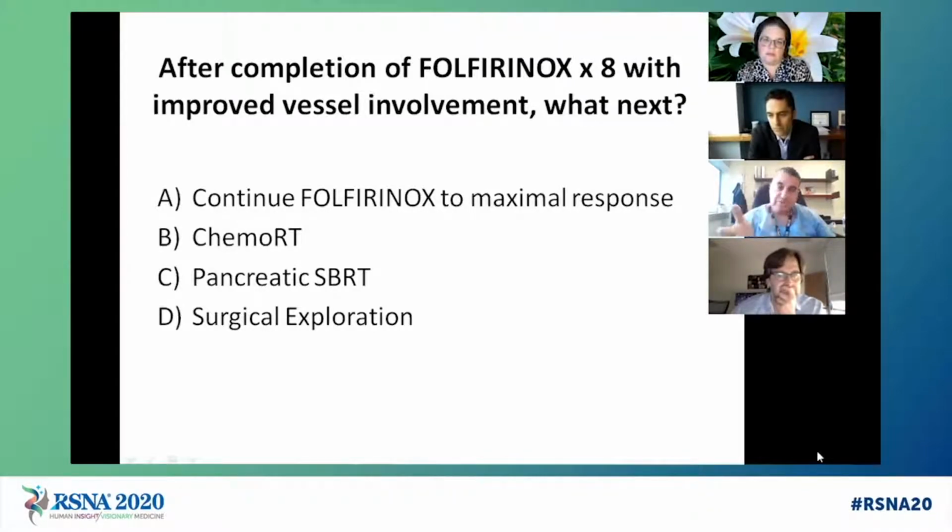So at this point, with FOLFIRINOX times 8 and improved vessel involvement, I would say this is where we've had the biggest paradigm shift in the field of pancreatic cancer therapy in the last 10 years. I'd say even 10 years ago, a patient like this probably would not have ever faced the possibility of undergoing surgical resection for that type of tumor. And so now where we stand today is, this is potentially a dramatic response.